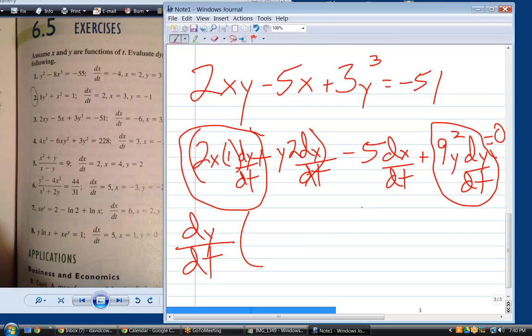So what ends up on the left? It would be 2x plus 9y squared. And on the right, we have these 2 terms, opposite signs. So we'll put this one first, and then subtract this one.